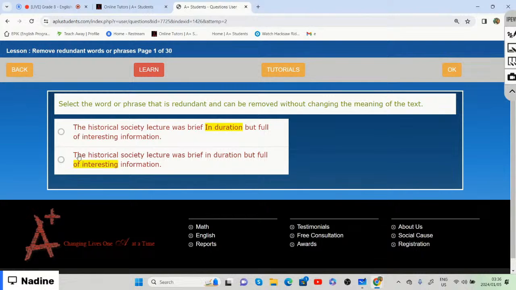If we remove in duration or we remove of interesting, which can be removed without changing the meaning of the text? The first option or the second option? Remember, you also need to look at the word that is being repeated within that sentence.